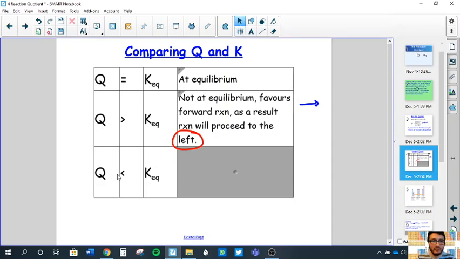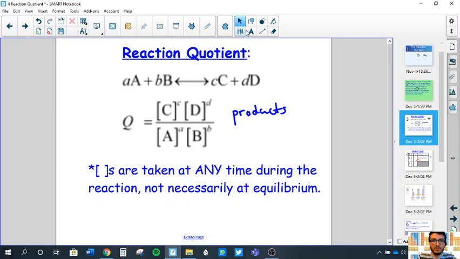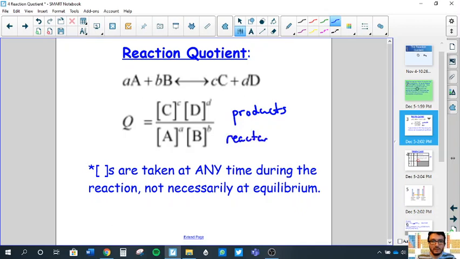Now, if your Q value is less than KEQ, so it's not at equilibrium, of course, and it favors then your reactant side, noticing then that if your Q value is smaller, that means your reactants are favored because they appear in your denominator.